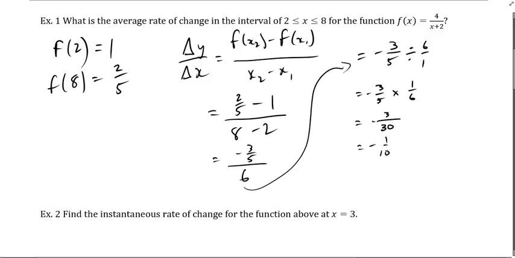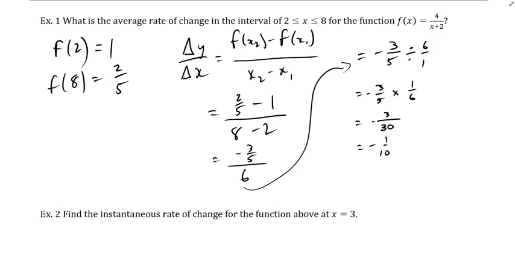When I'm dividing a fraction by a whole number, the whole number just gets multiplied into the denominator. It ended up being negative 3 over 5 divided by 6, so I did 5 times 6. And that would always happen. If there was a fraction in the denominator, then it wouldn't quite work out that way. It'd be a little bit different. But in this case, that's what it works out to.